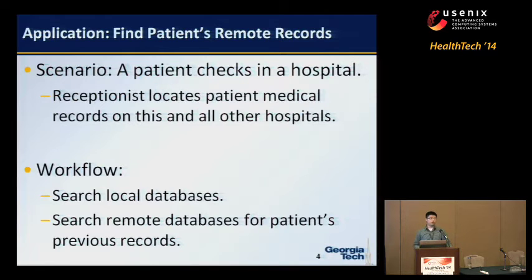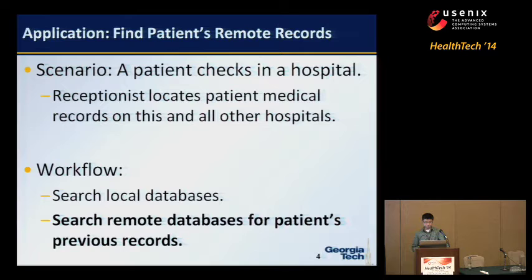The general workflow is that the clerk will first search the local database and then search for the record in the remote databases. So this second step is what our research is focused on.